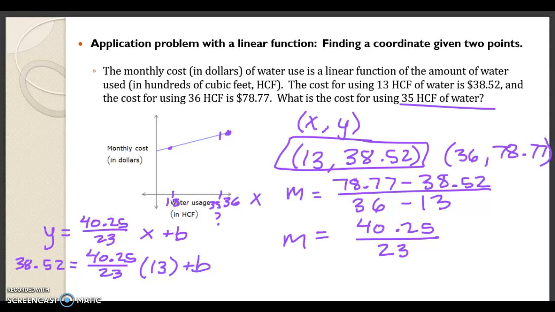Now I'm going to go ahead and multiply 13 times my slope. And that gives me 22.75 plus b.